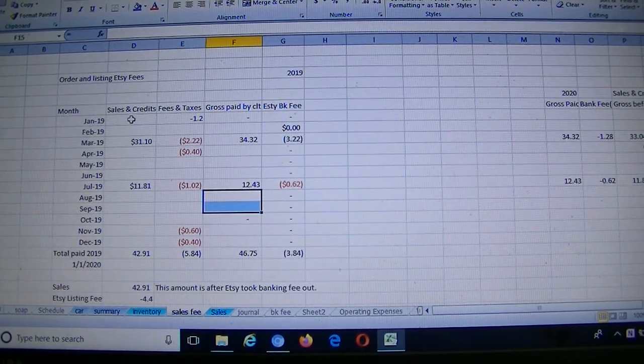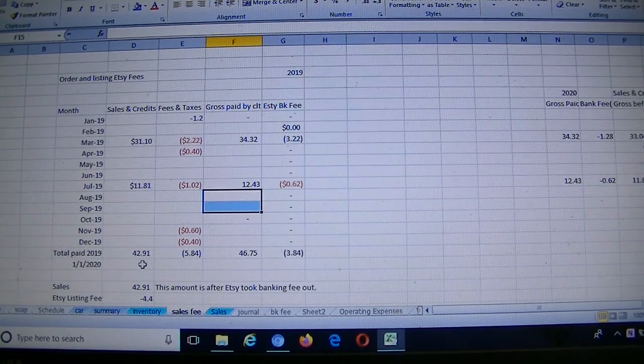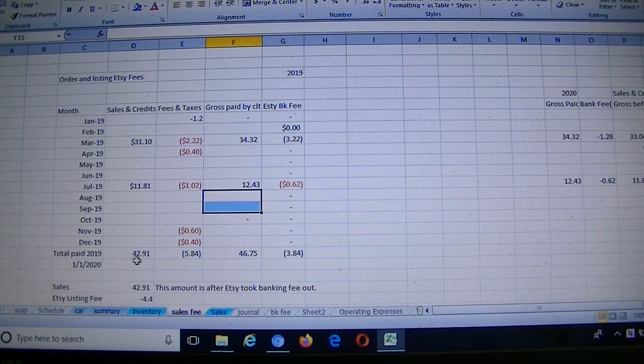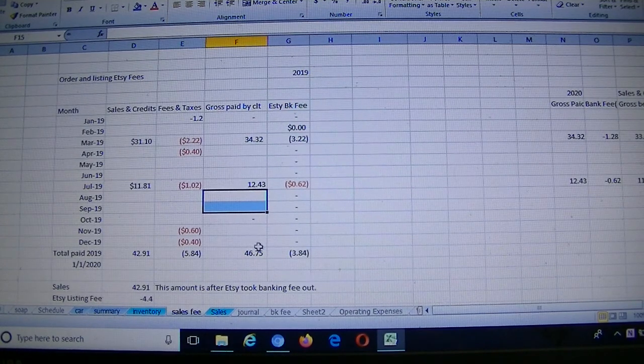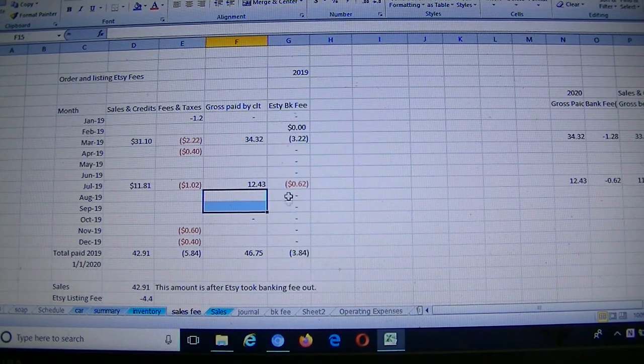I have the sales here, which is more like the final net that was paid to my bank account. And I have fees and taxes here, which didn't really match what Etsy is talking about. And here is the gross paid by the client. That's the amount here for 2019, and that's the bank fee. Pretty much that's the bank fee in this section here.